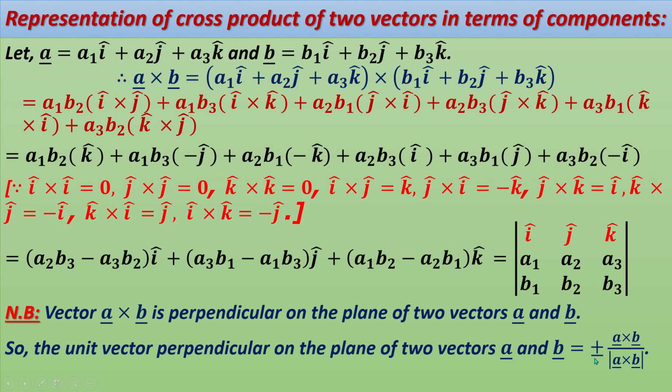The direction will be upper side or lower side, we don't know, so the sign will be plus or minus. If the direction is upper side, the sign will be plus, and if the direction is lower side, the sign will be minus. As the direction isn't mentioned, we use plus minus here. Clear everyone? Okay, now follow the next.